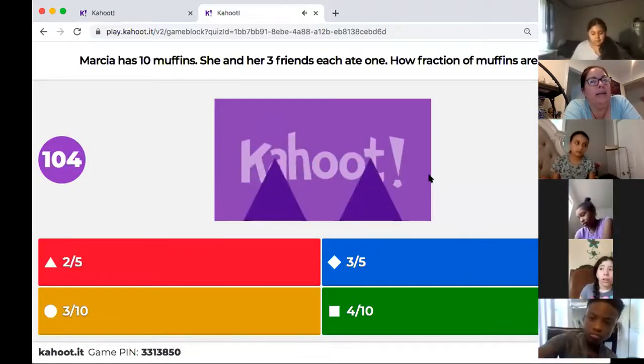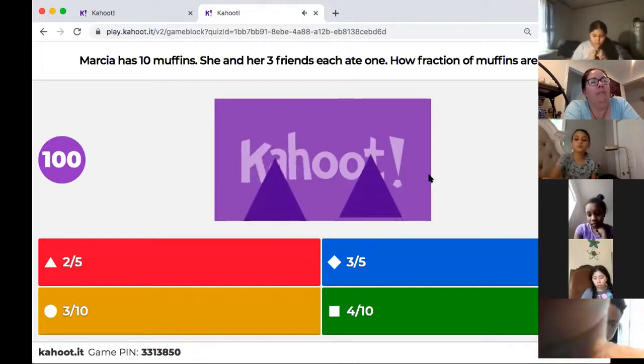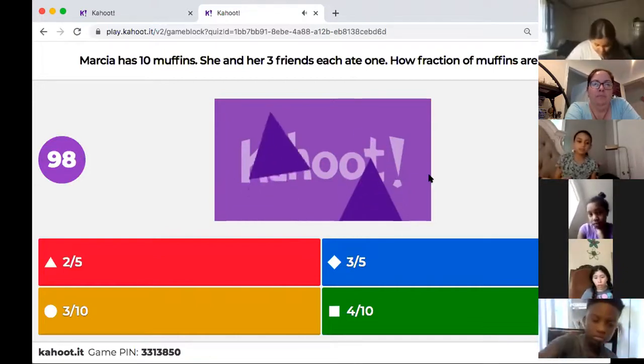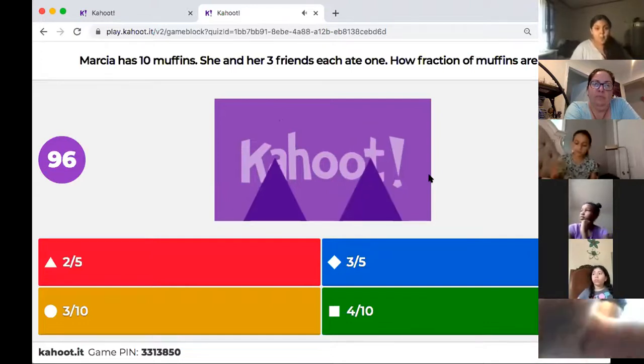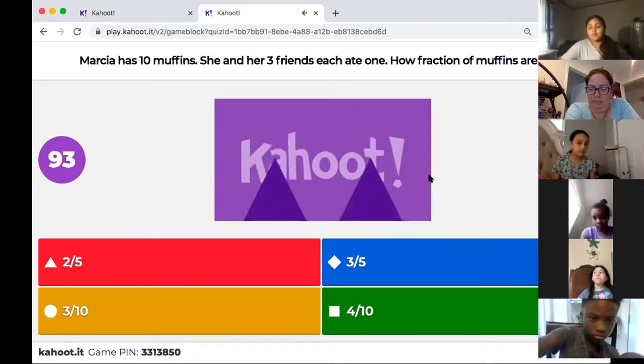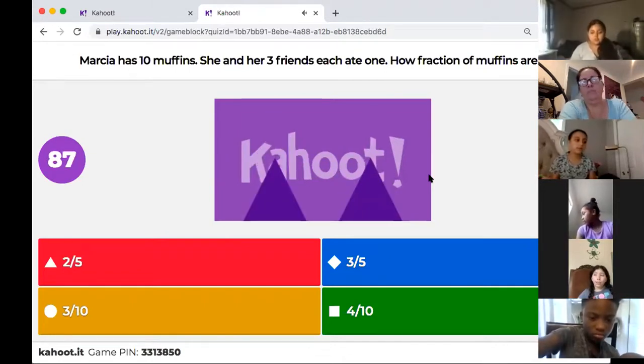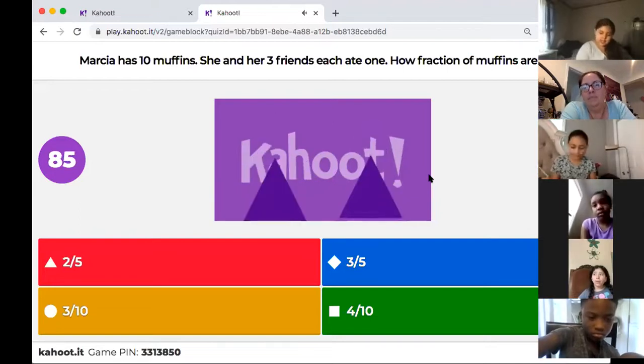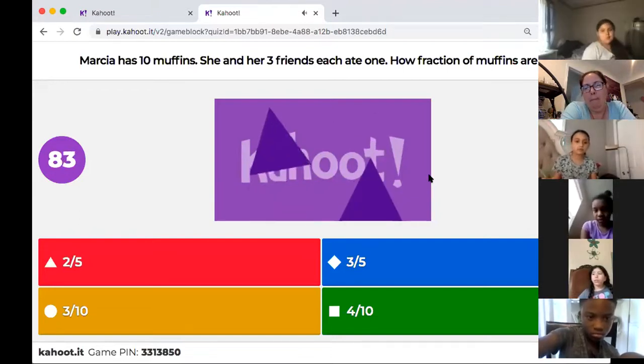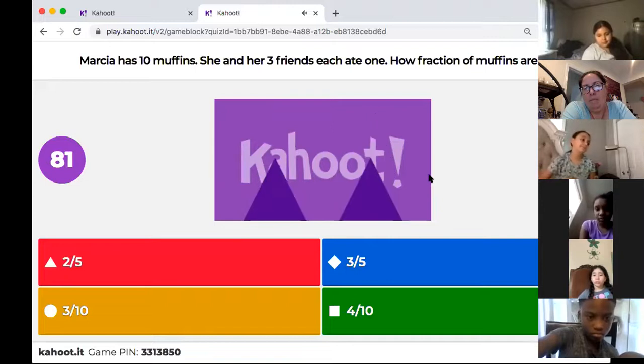That's key. What fraction of the muffins are left? The next one is the last one.